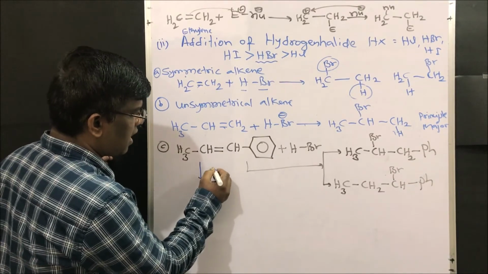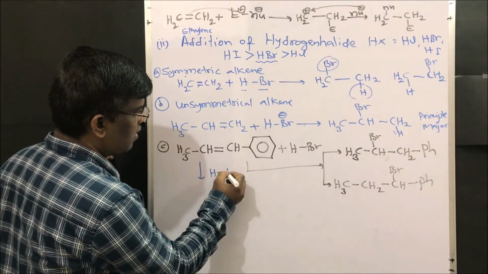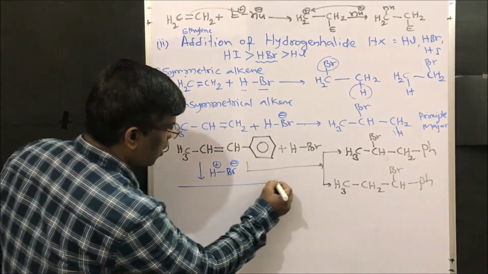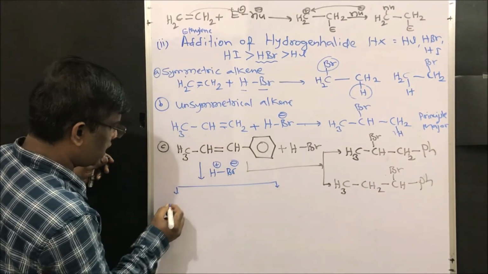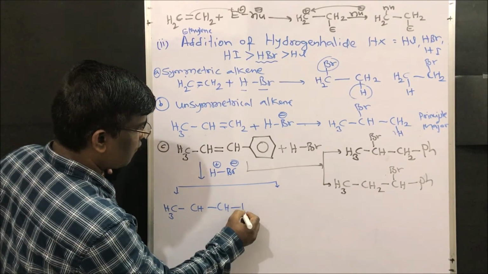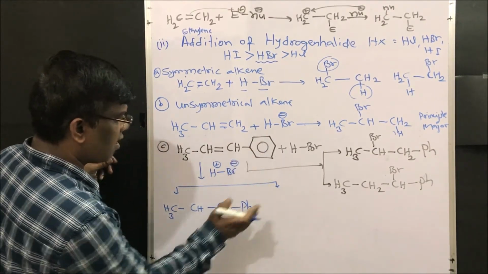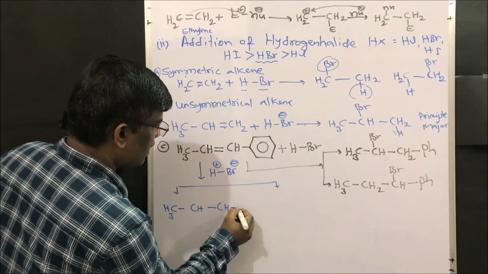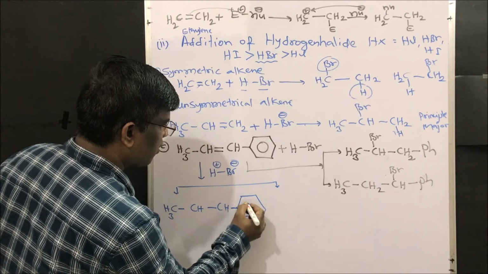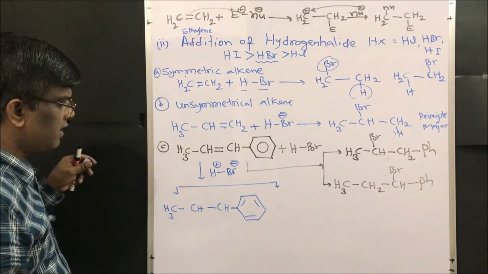When HBr is added, Br minus and H plus, let us take two possibilities. CH3 CH phenyl, or I can write it in another form. In the next lesson we will learn about aromatic compounds, and I will explain resonance and everything there.